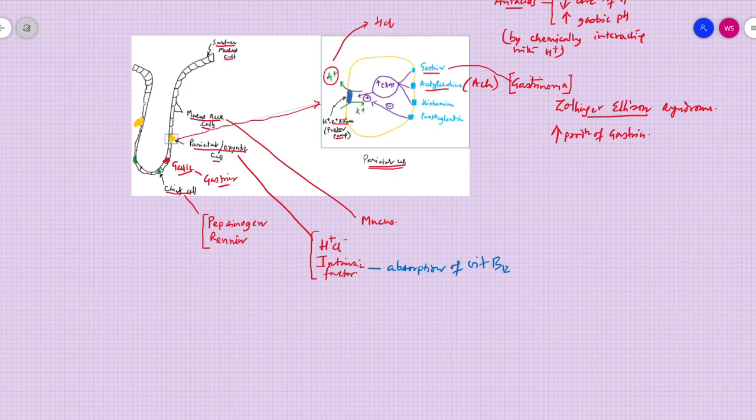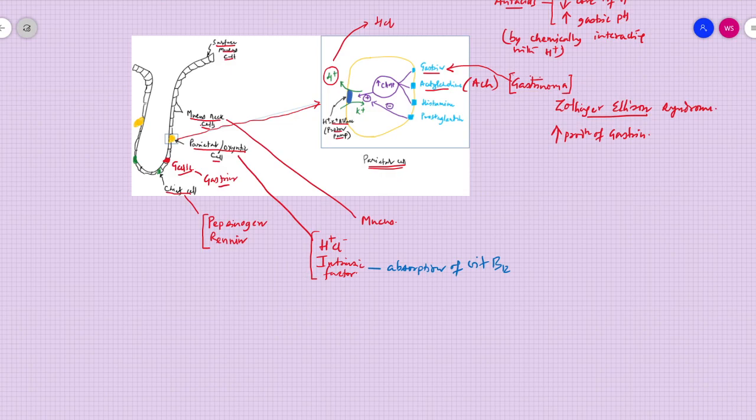This increased gastrin acts on the gastrin receptor and increases the secretion of protons. Stimulation by acetylcholine also increases cyclic AMP and activates the proton pump, which in turn increases HCl. Histamine likewise. Prostaglandin, on the other hand, decreases the activity of the proton pump.